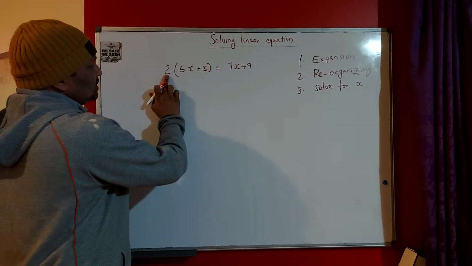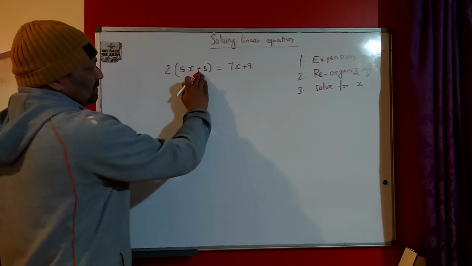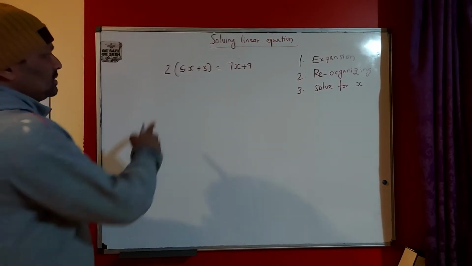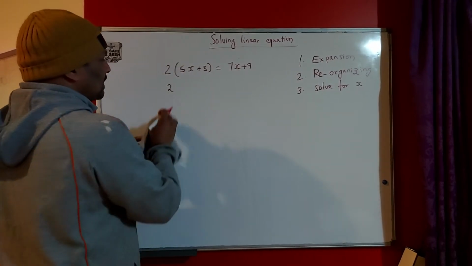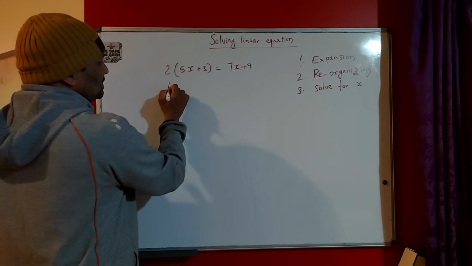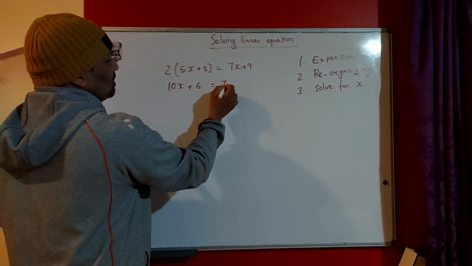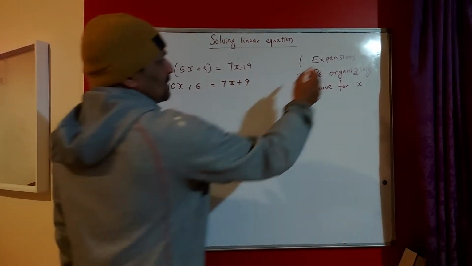So this 2 is multiplying 5x and the 2 is also multiplying 3. And whatever symbol is in between goes in between. So let us expand: 2 into 5x, that is 2 5s are 10, 10x plus 2 3s are 6 is equal to 7x plus 9. So the first part, the expansion part, is done.